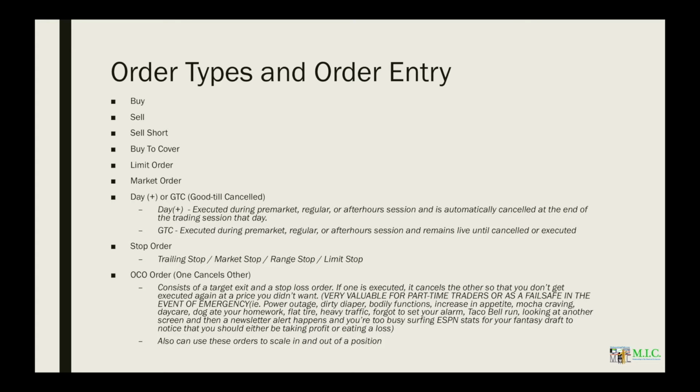Instead, it could be a certain percentage or a certain dollar amount above or below the current market price, and it moves with the price as the price moves in your favor, maintaining that set percentage or dollar amount so that just in case price moves against you, equal to or greater than that set amount, you will be stopped out. Market stop. A market order to enter or exit at any price once that set price is hit.